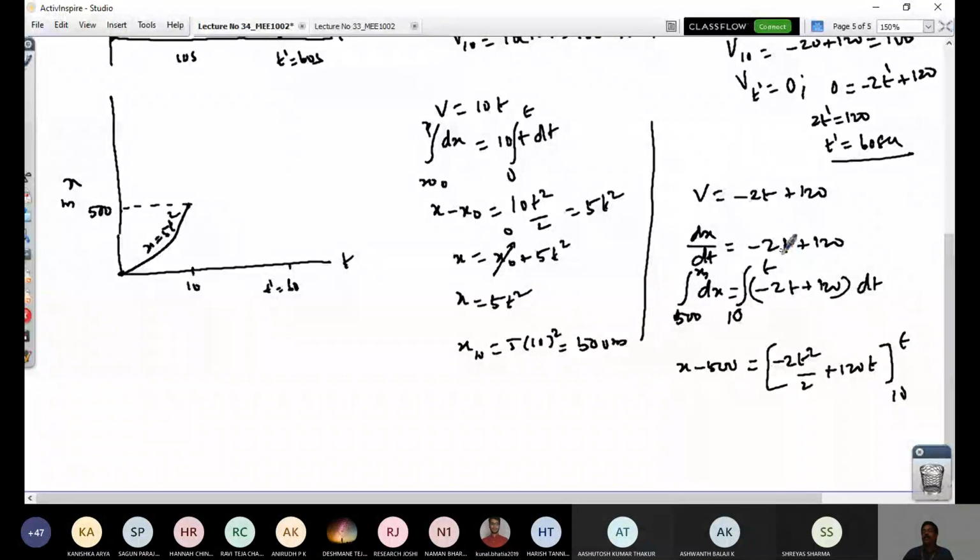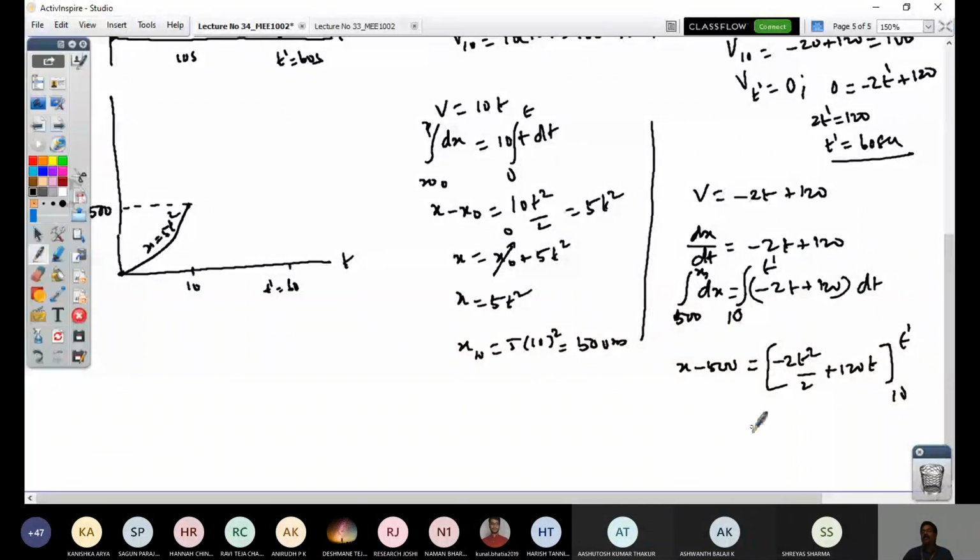Then we substitute: that's going to be minus t dash squared plus 120 t dash, minus, plus 100, minus 120 into 10.